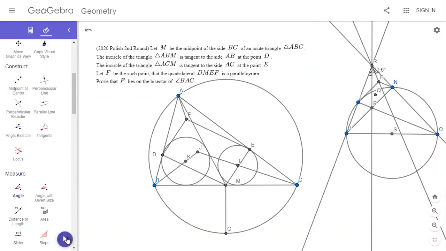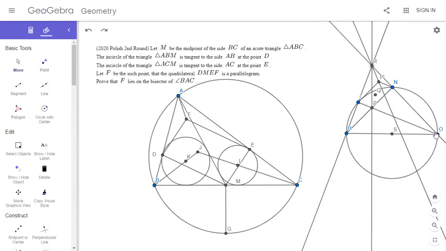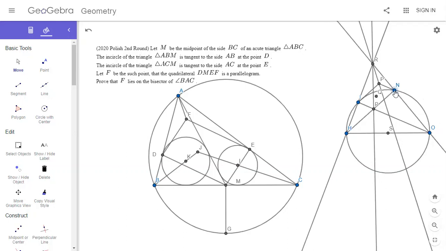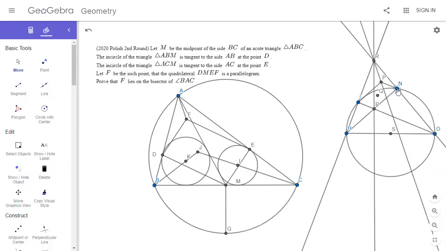I wonder if that lemma can be used. So in this configuration, RP prime and RP are isogonal. Could we use that here somehow?